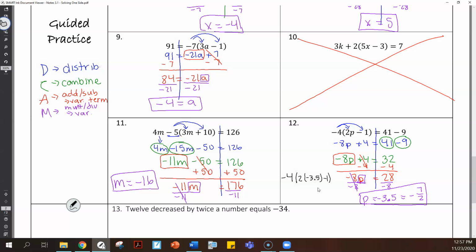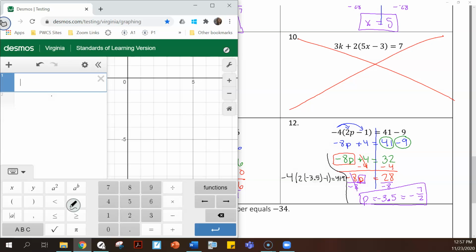Minus 1, close it. And I'm hoping that that's going to equal the same as 41 minus 9. So now that I've plugged it in, I can just check it in Desmos. I'm going to simplify the left side.